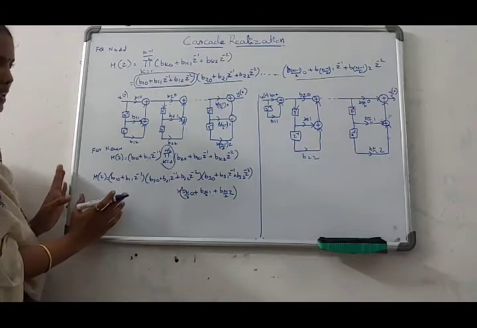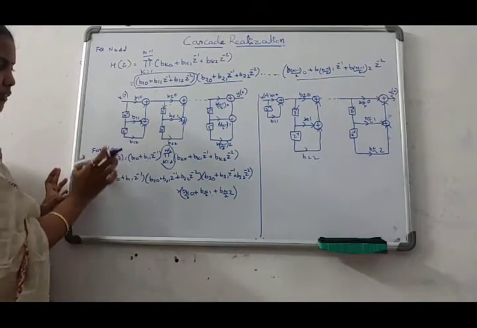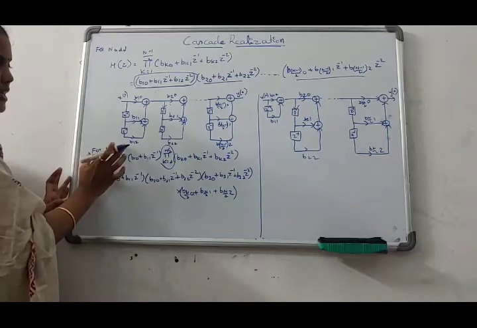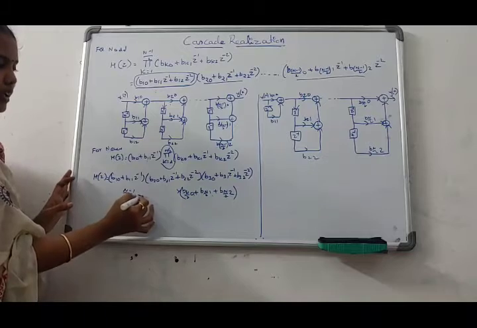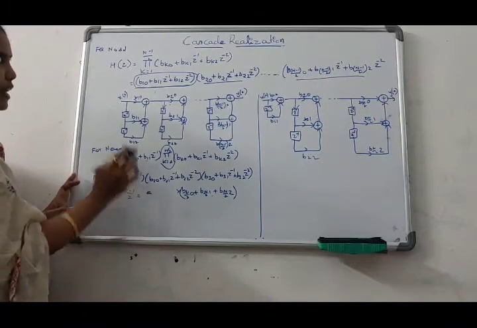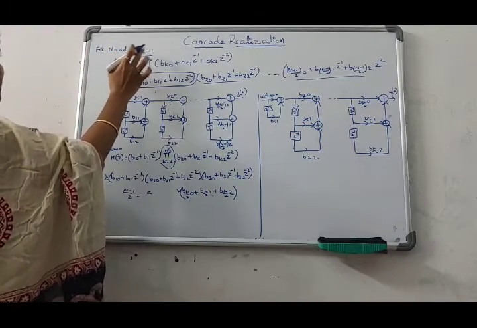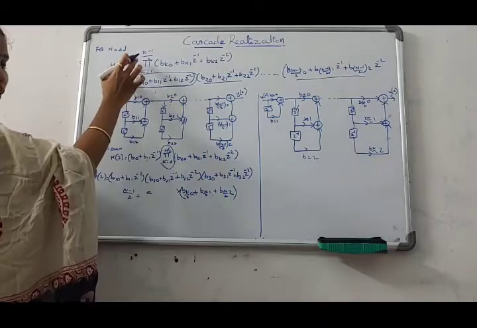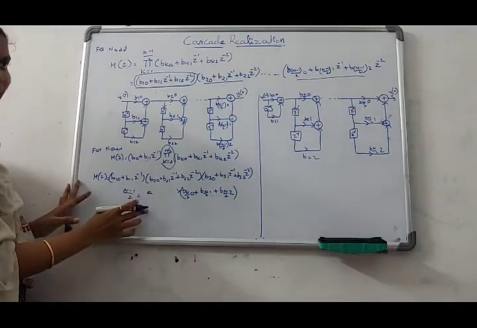Now we have to draw the structure for this equation for N even. If N is even, N minus 1 by 2 gives the limits as an even number of factors. For N odd, you get an odd number of factors.